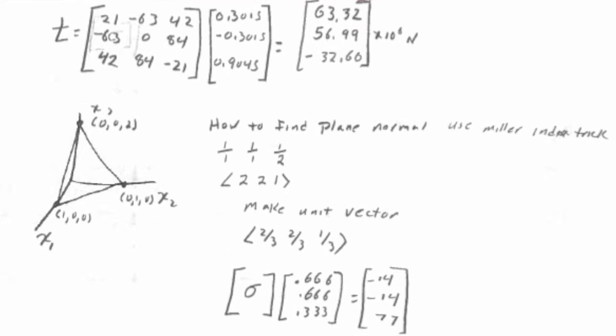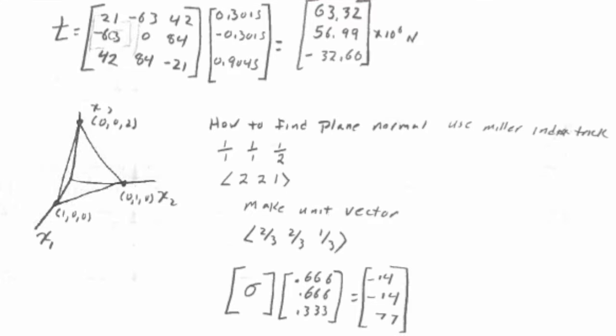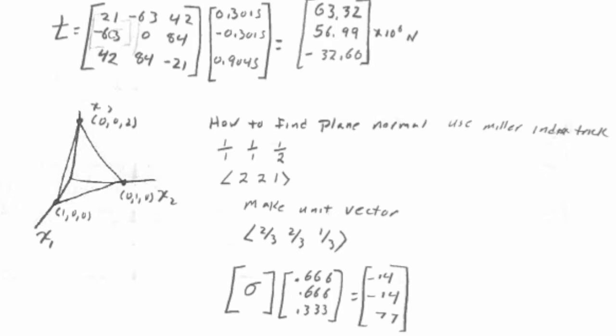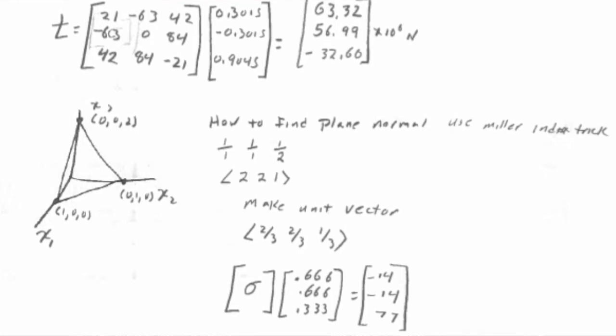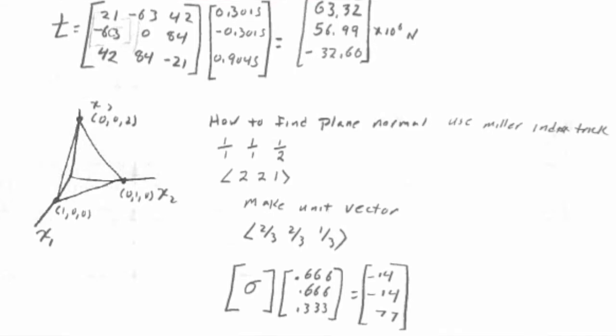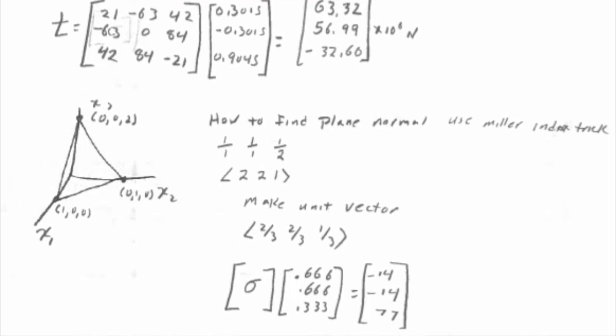So this, and then we need to make it a unit vector, right? 2 squared, 4. 4, 4. Yeah, it is 9. Okay. Right. So our unit n is 2/3, 2/3, 1/3.